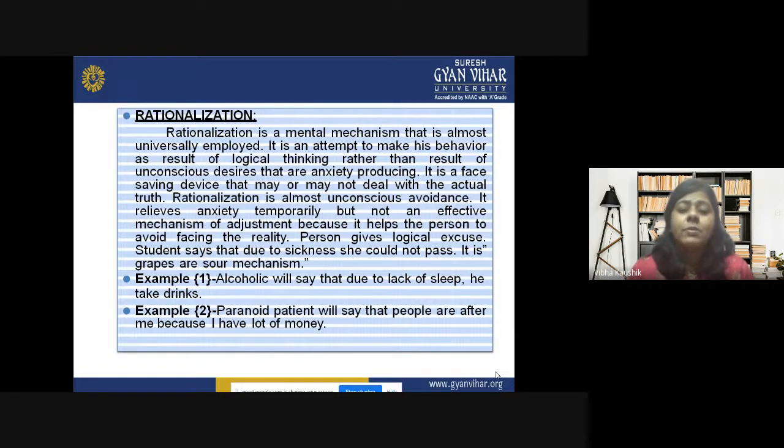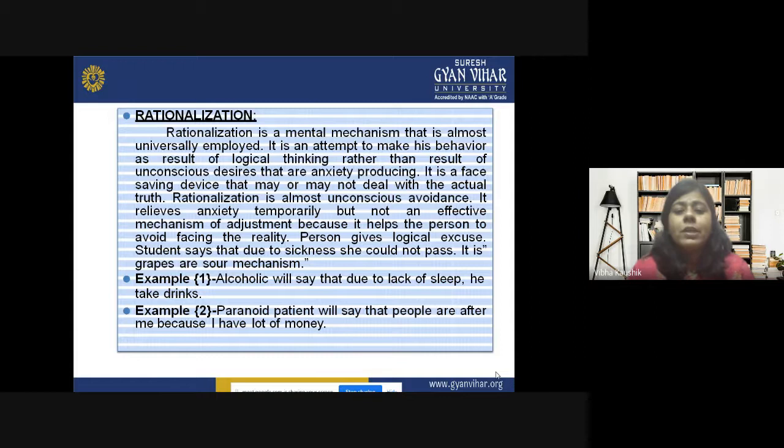The defense mechanism of rationalization helps the person avoid facing realities. When the person avoids facing reality, it relieves his anxiety on a temporary basis, but it cannot be an effective mechanism of adjustment.